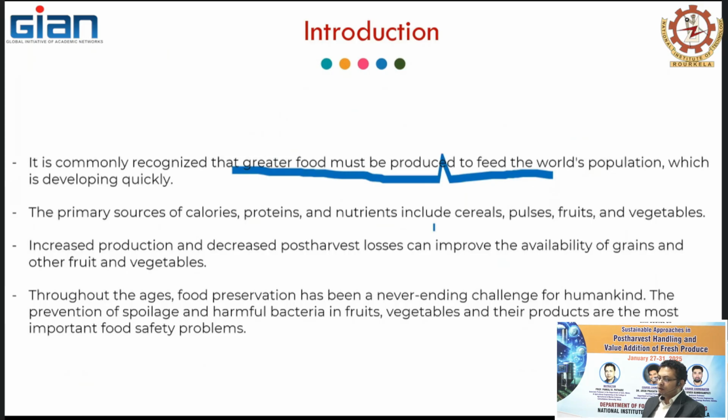Whatever human consumption we see, the sources for our energy, including protein and nutrients, come from fresh produce, fruits and vegetables, and sometimes we can go beyond, because when we talk about ozone, we have applications even for grains and cereals. Even with fruits and vegetables, nowadays we find application in the cereal part actually.